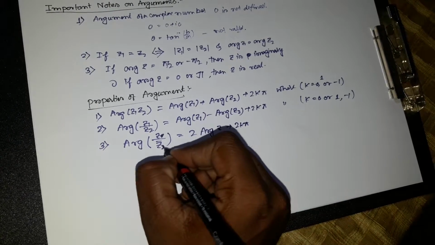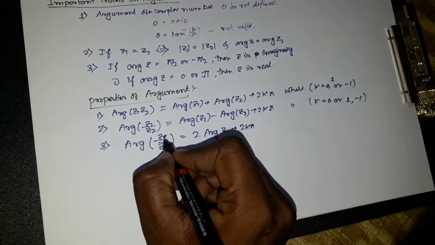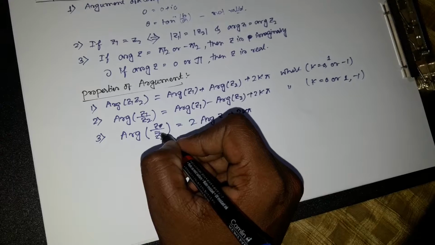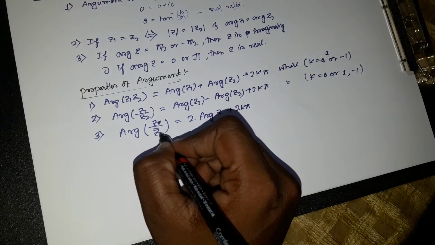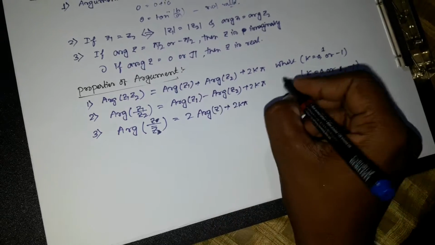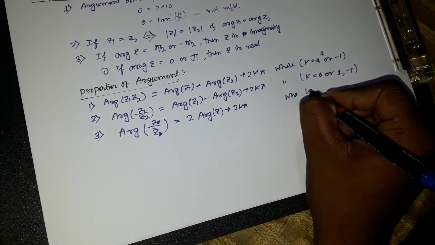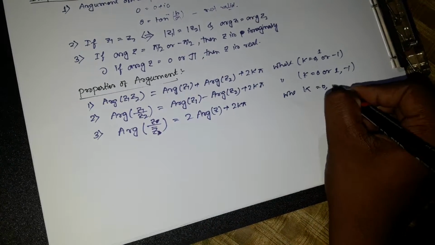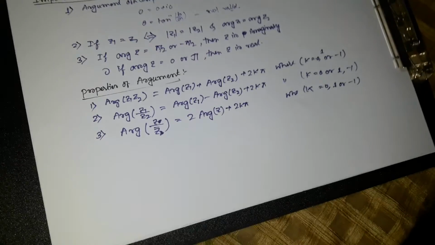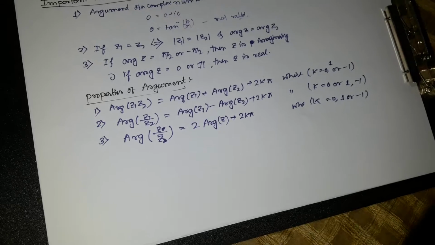This is not z1 z2, because this is the complex number represented by z and z bar is its conjugate complex number. The argument of z by z bar equals twice the argument of z plus 2k pi, where k is 0, 1 or minus 1.